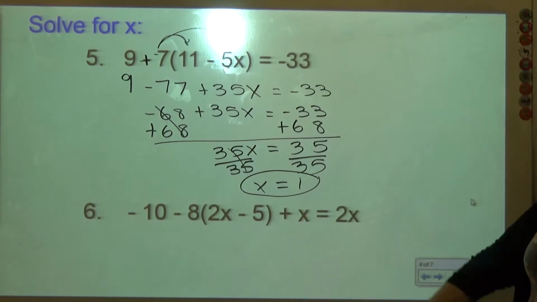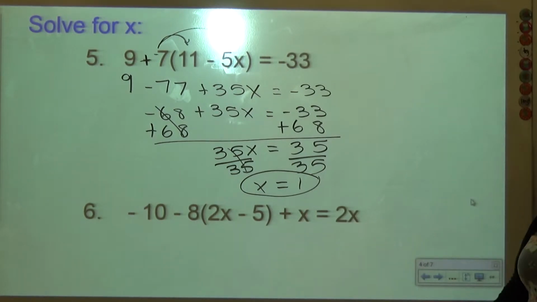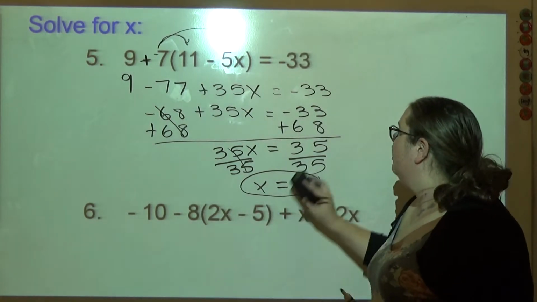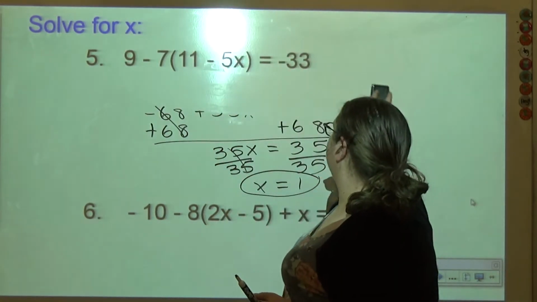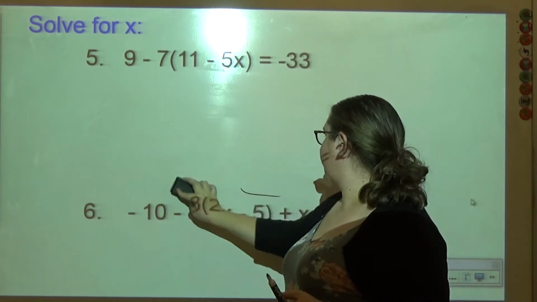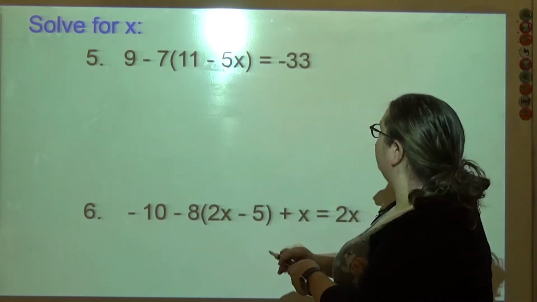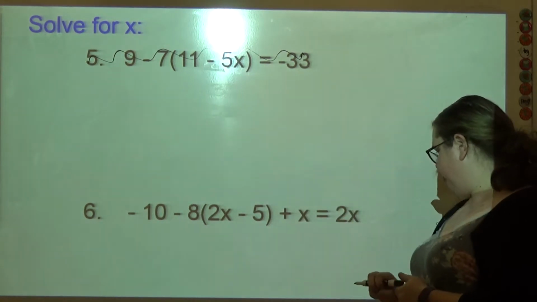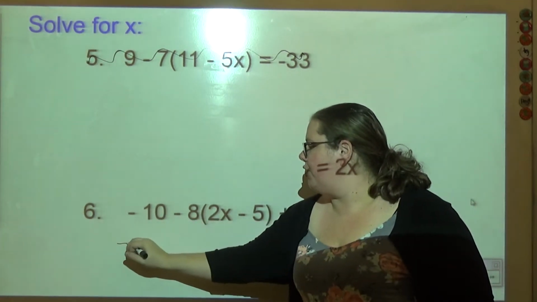All right, pause the video and try number 6 on your own. I wish this was a smart board so I can move it up. All right, so let's distribute. That negative 10 is just chilling up front.